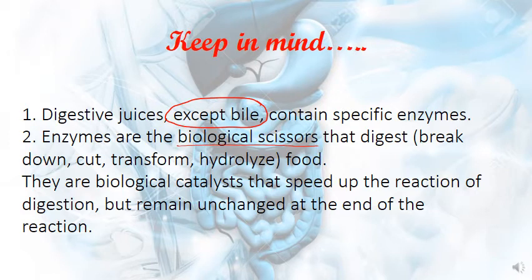It digests, breaks down, cuts, transforms, hydrolyzes. All of them have the same meaning: digestion of food. So enzymes are called biological catalysts. What is the function of a catalyst? Catalysts speed up the reaction, accelerate the digestion process, and make it faster, but they remain unchanged.